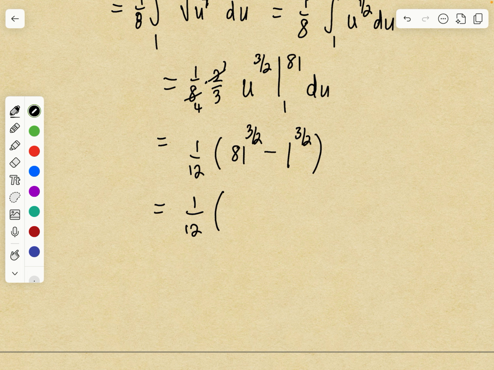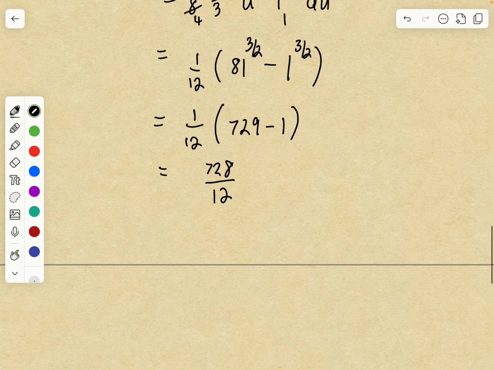The square root of 81 is 9, and 9 cubed is 81 times 9, which is 729. So 729 minus 1 gives 728/12.